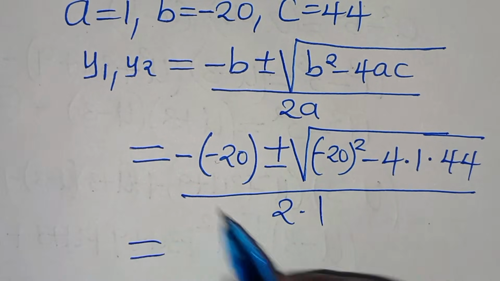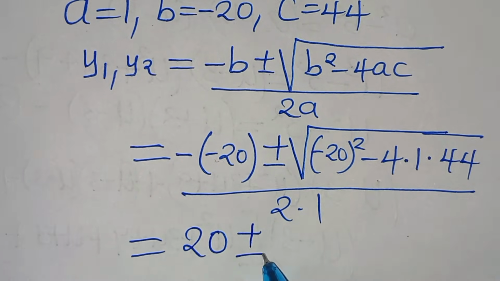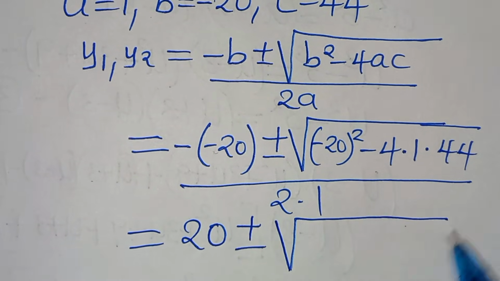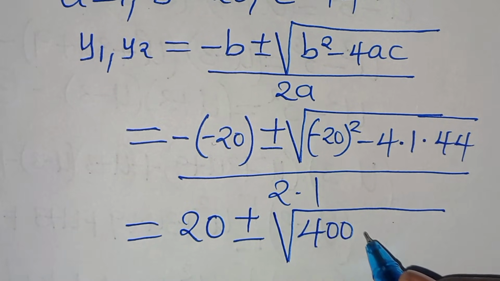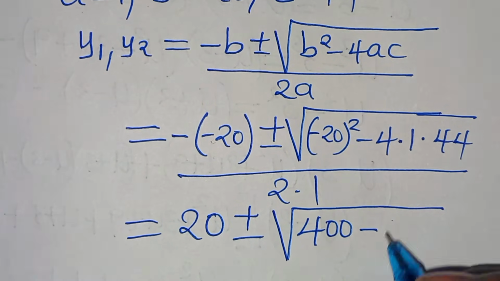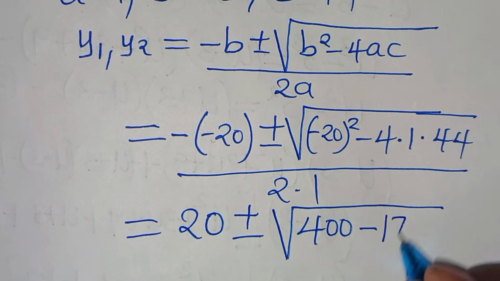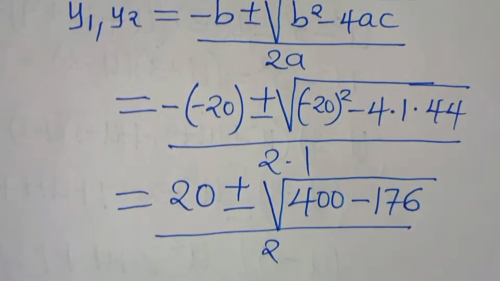So minus times minus 20 is 20 plus or minus the square root of minus 20 squared, which is 400, minus 44 times 4, which is 176, everything divided by 2.